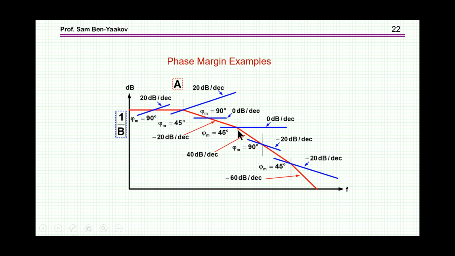Here again, it's 45. Here, we have a minus 40 dB per decade going down, but if the controller will also be going down 1 over the controller, so the controller itself in fact is going up.